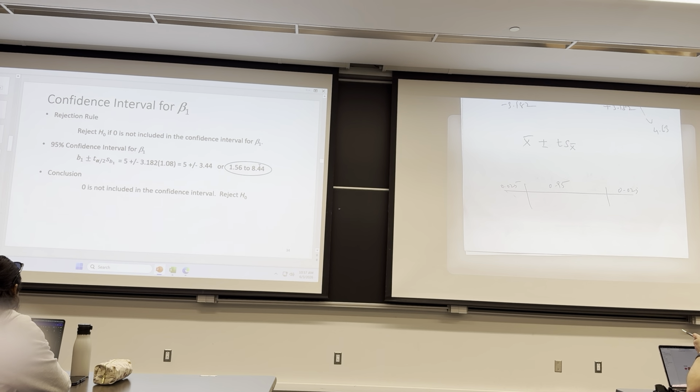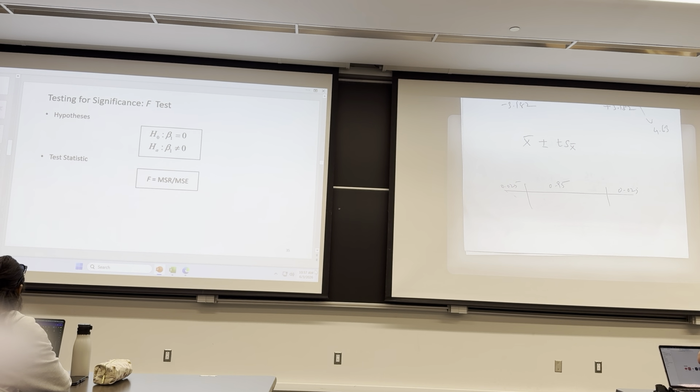If hypothesis testing says reject, then the interval will not have 0. If hypothesis testing results in acceptance, then the interval will have a 0 in between. So we can come to the same conclusion just by making the interval. If I make the interval, my conclusion is that the population slope is not 0 with 95% confidence, and it falls between 1.6 and 8.44.